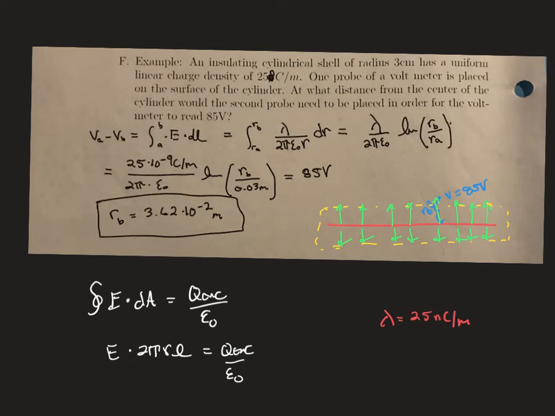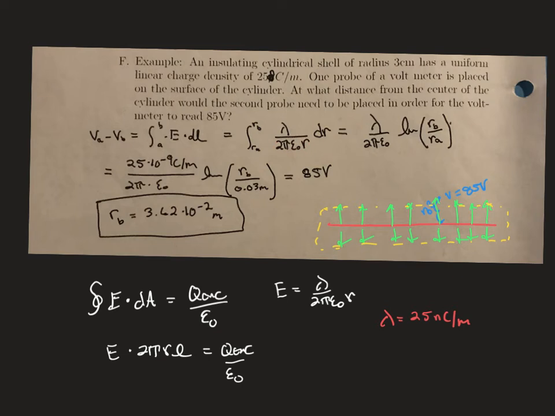And then Q enclosed over L is going to be our linear charge density. So we are left with the relationship I have plugged in up above: our linear charge density divided by 2 pi times the electric constant times r.